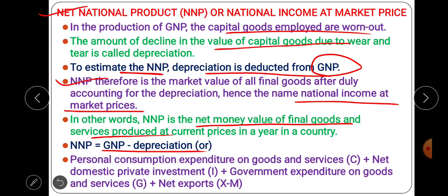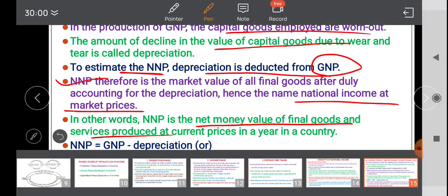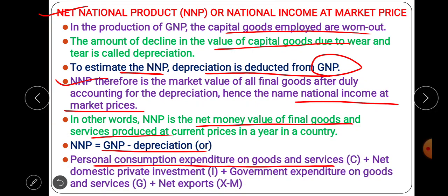or there is another formula through which we can calculate the NNP, that is the personal consumption expenditure on the goods and services, that is consumption C, plus the net domestic private investment, that is investment I, plus the government expenditure on the goods and services, that is G, plus net exports.